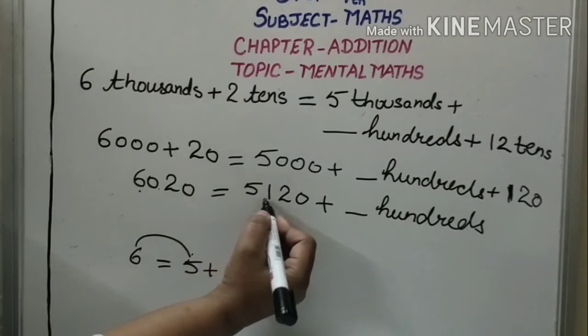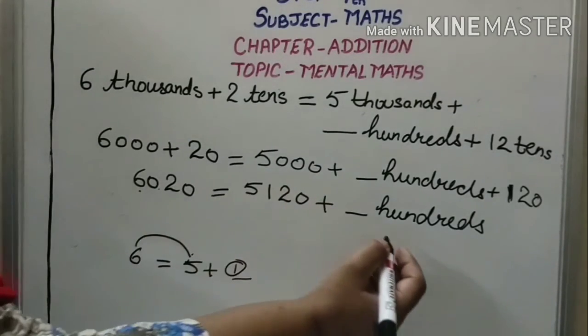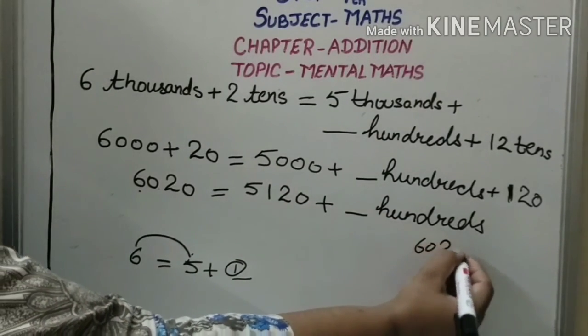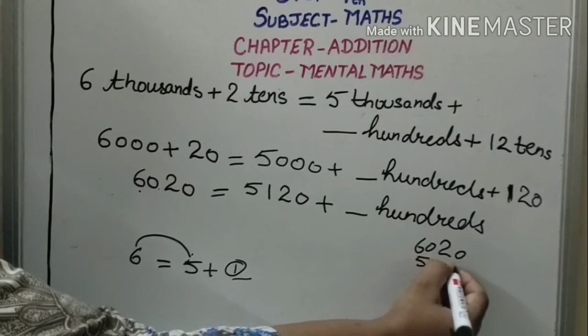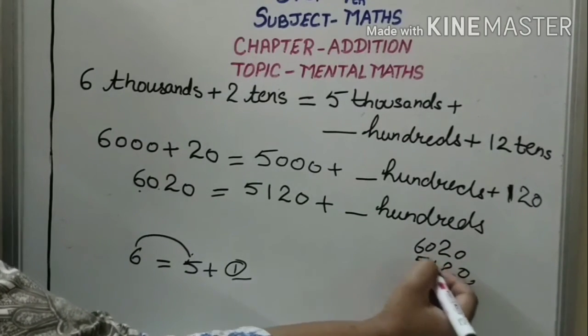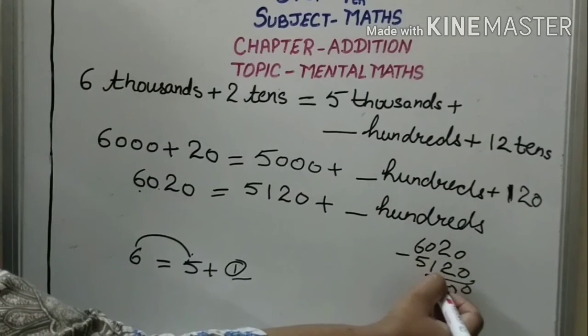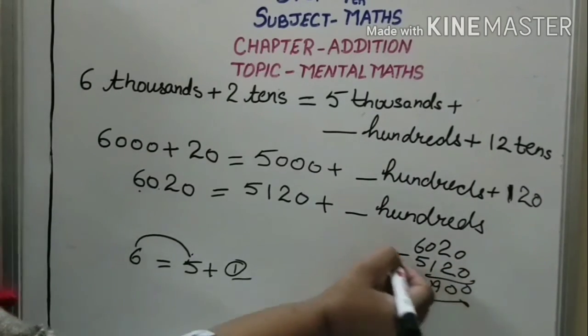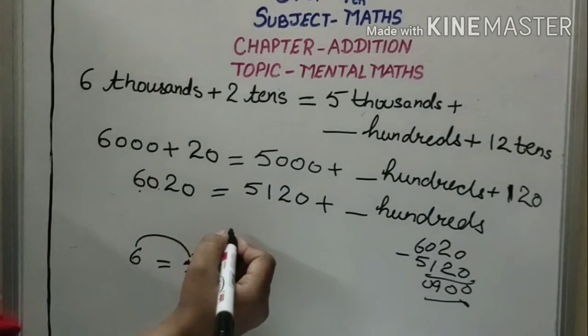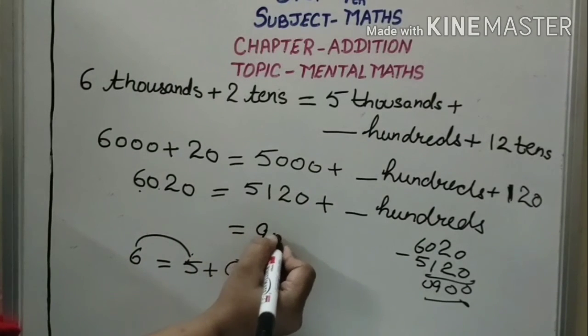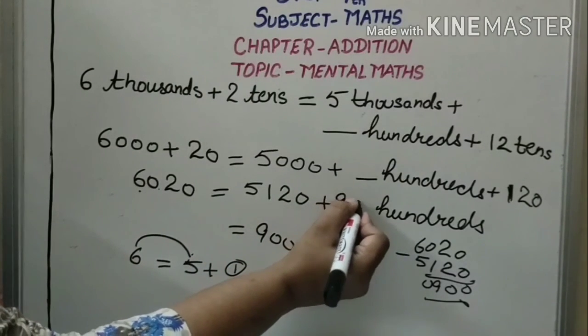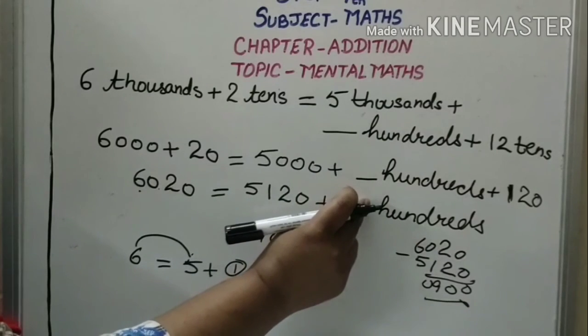That means when we will subtract 5120 from 6020, what will be the answer? That is, yes, when we will subtract 10 minus 1, so it will be 900. So children, if you will write 900 here, it will be totally wrong. Why?